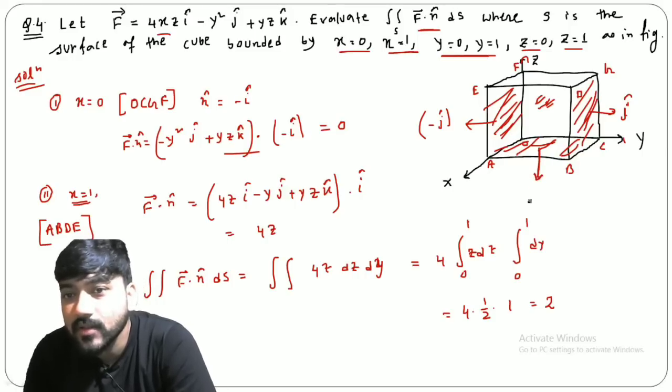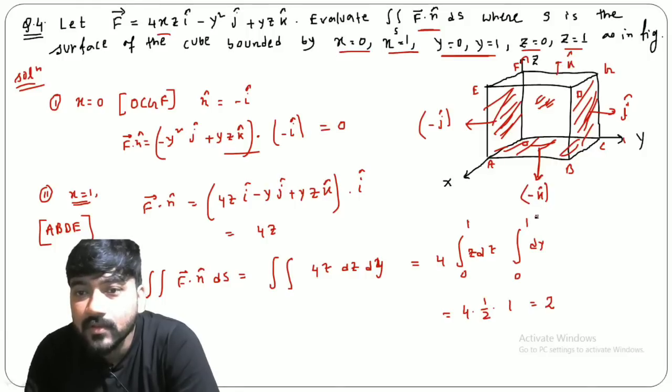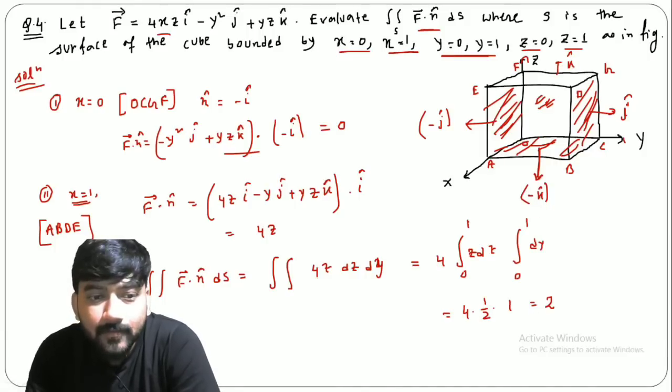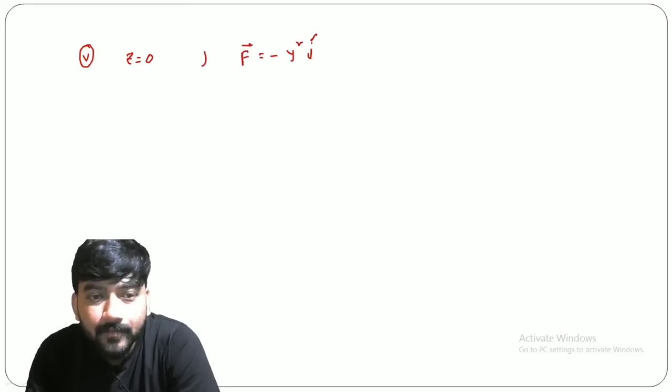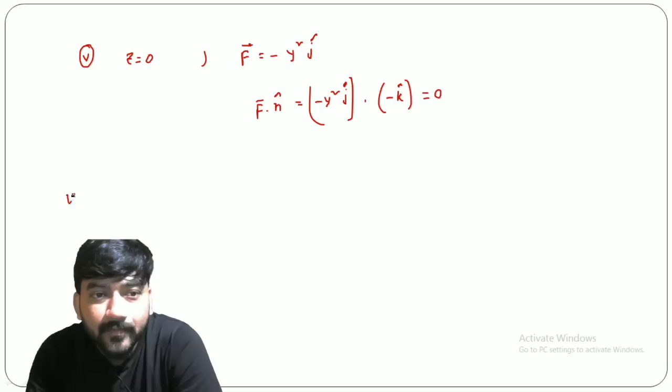So that means this is minus k cap, and for the other surface it will be plus k cap. So if you take the dot product, f dot n will be minus y square j cap dot minus k cap, and that will again be 0, so the surface integration will be 0.